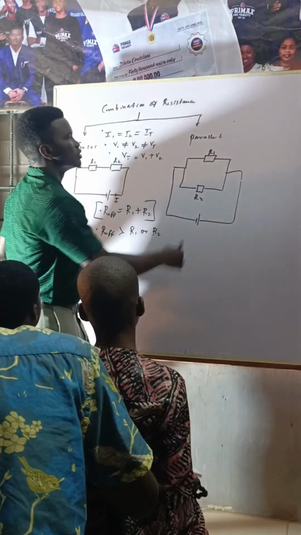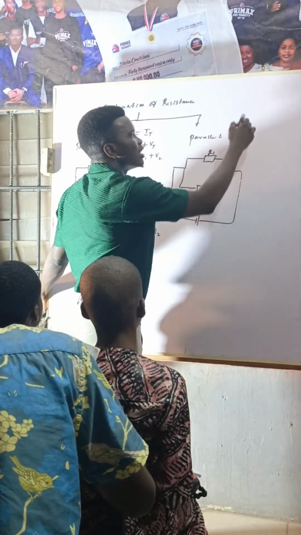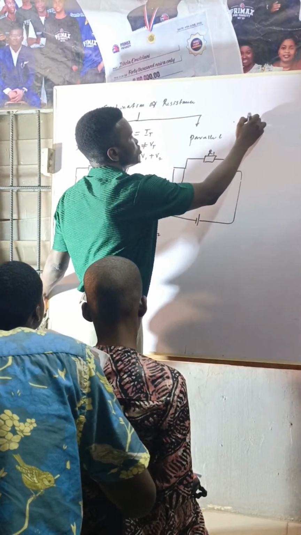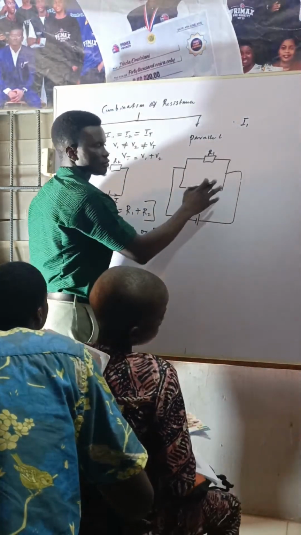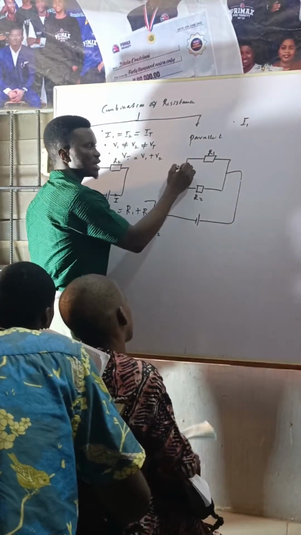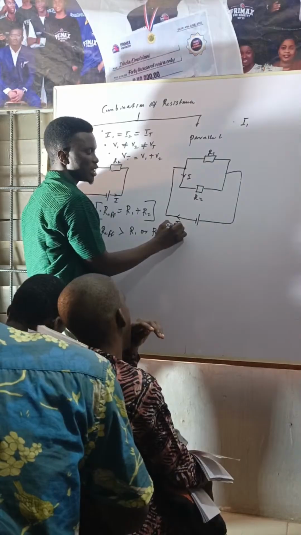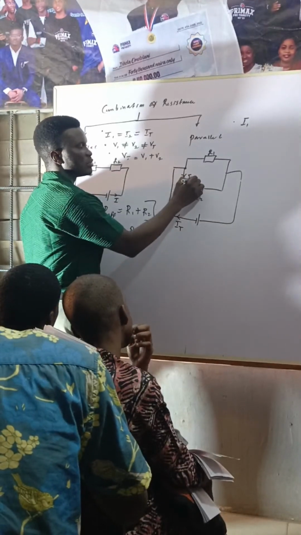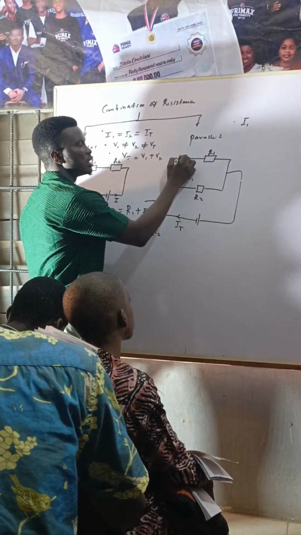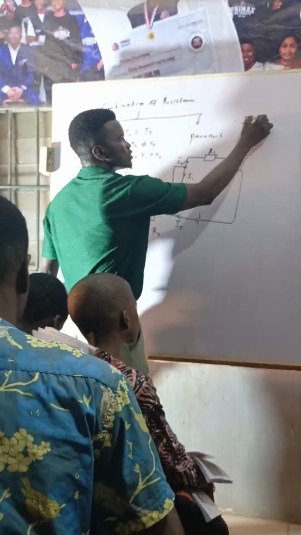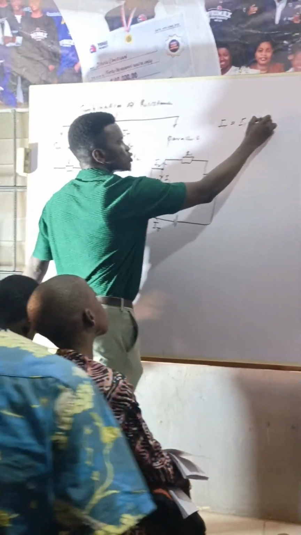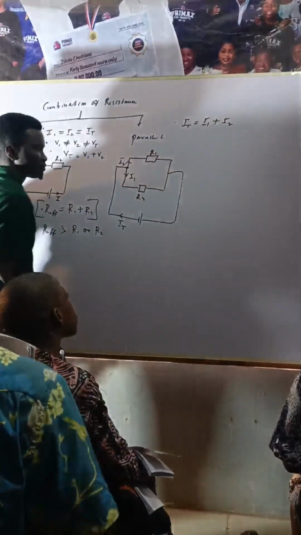Ready? So then when you connect them in parallel, your current will not be the same. You can tell now, the current can't be the same because at the junction, if this is the total current that is coming, then it can be divided into I1, I2. So your I total is going to be I1 plus I2. That's Kirchhoff's first law.